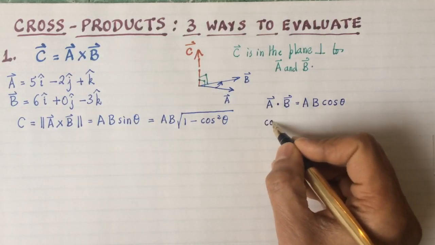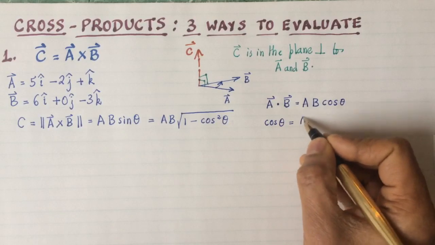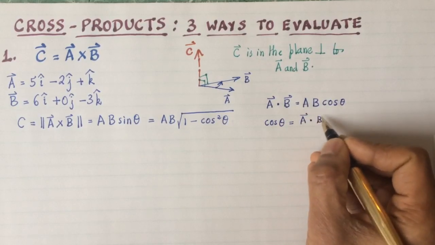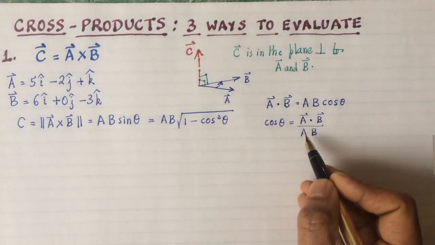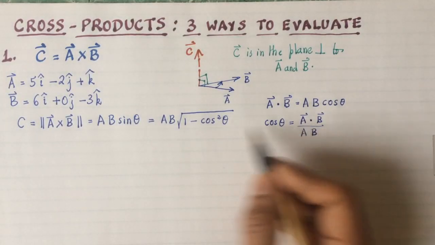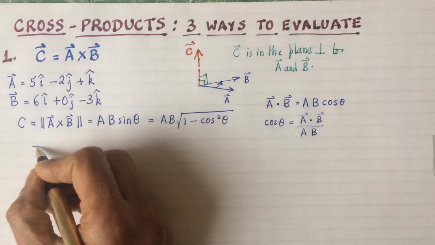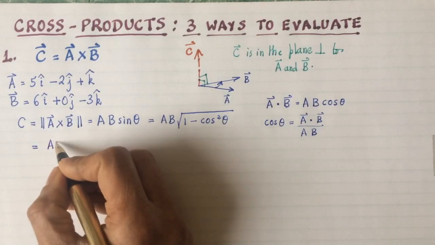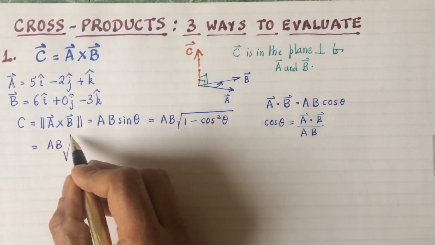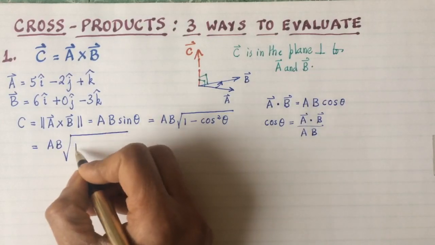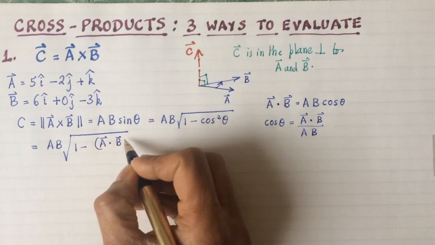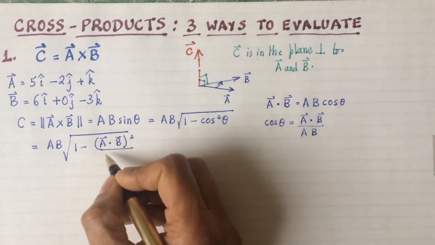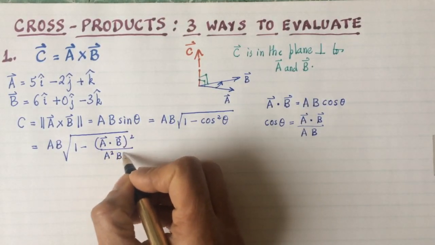So I'll do that here. Cosine theta equals A dot B divided by the magnitude of A times the magnitude of B. So that's interesting. So I'm going to square that in here. Let's see what I get. I get AB times the square root of 1 minus A dot B squared over A squared B squared.